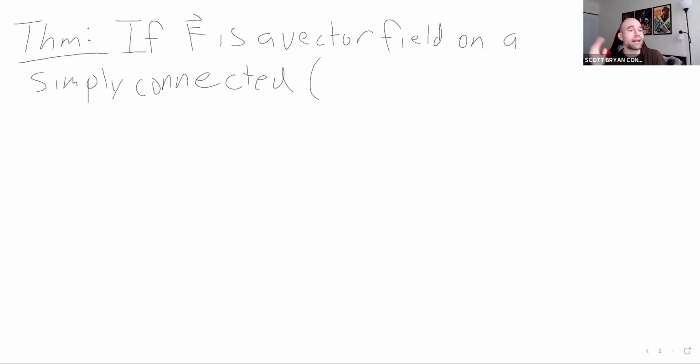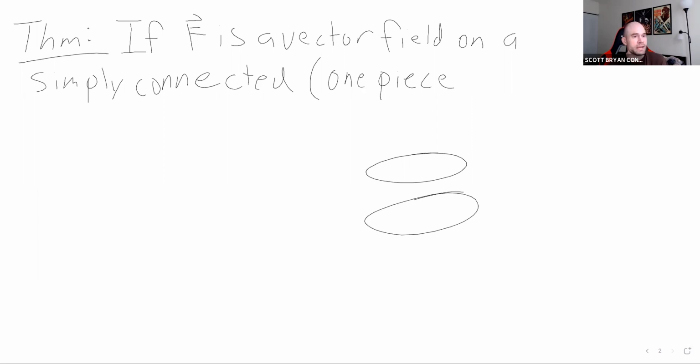And so simply connected, I don't want to spend too much time dwelling on what this means, but we mean the domain is simply connected. So basically it means the domain consists of one piece. These are very not technical terms, but it means it's not like this is our domain D and it consists of like these two pieces here. It's going to consist of a single connected piece. So it's connected.